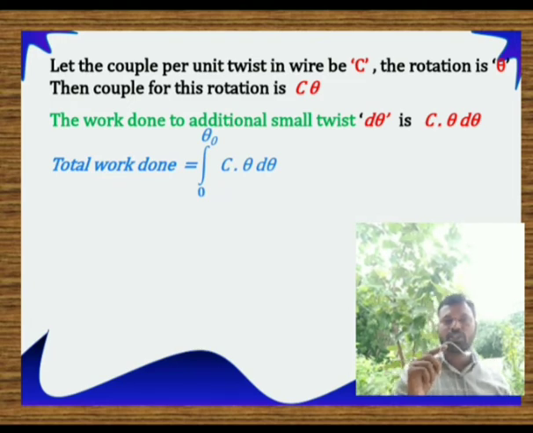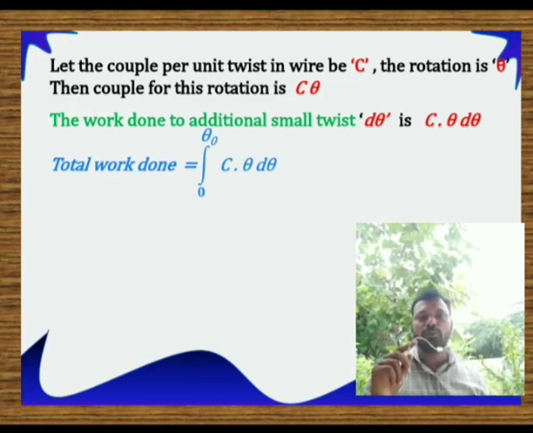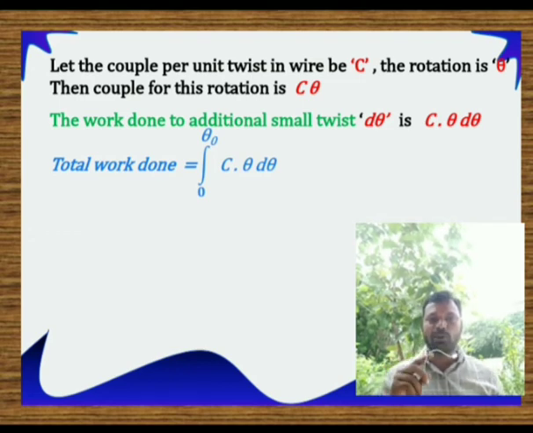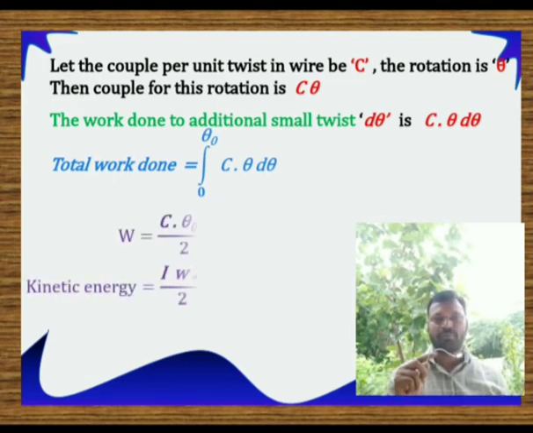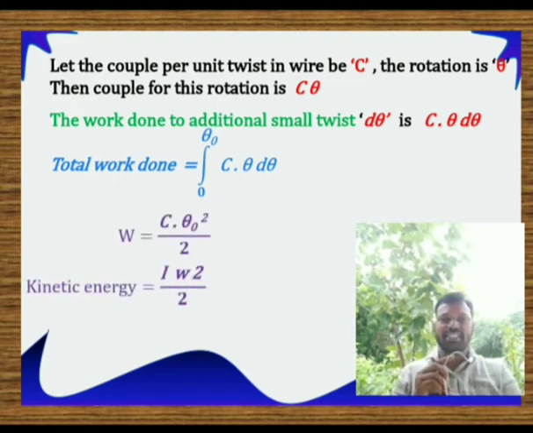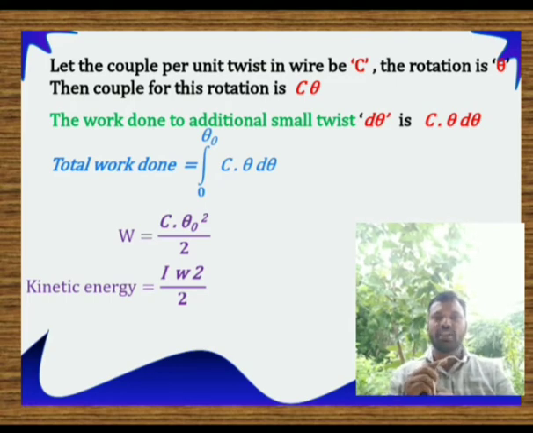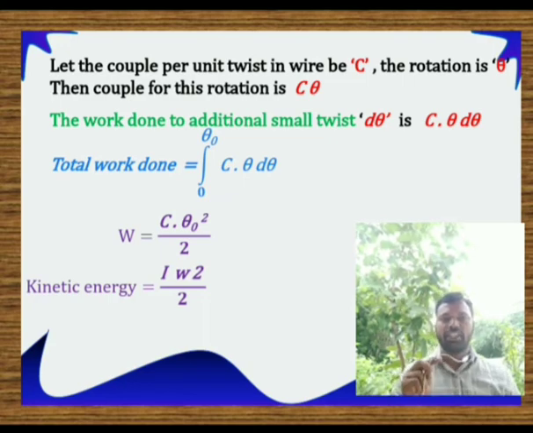Let us suppose the couple per unit twist is C and the rotation is theta. Then the couple acting for this rotation can be written as C theta. To get total work, just integrate it, you will get half C theta square. W is equal to half C theta naught square. Here theta becomes theta naught. Theta naught is the maximum amplitude or maximum rotation.